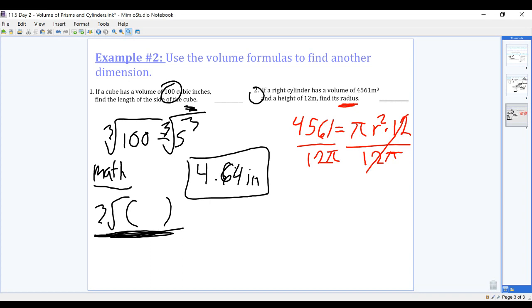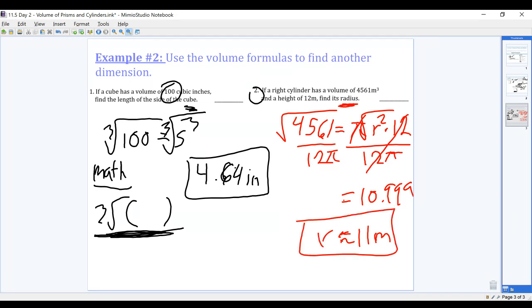That way we get rid of all the constants. Once you've done that, you'd want to take the square root of both sides as well. And then you'll have the answer, which is like 10.999, but you can just probably call it 11. And then it's in meters. And that's your radius.